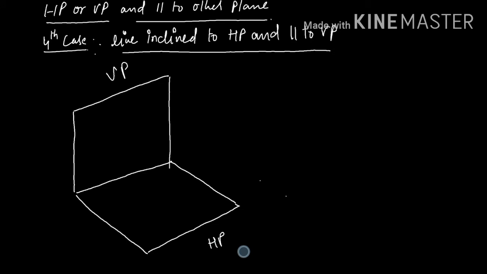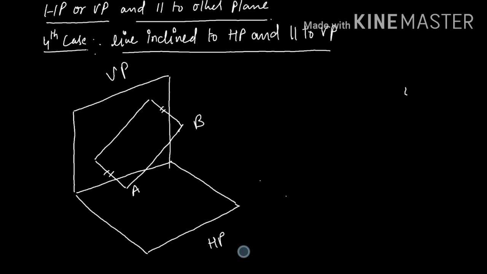So initially let me draw something. This is our line AB. The ends A and B are at equal distance from the VP.